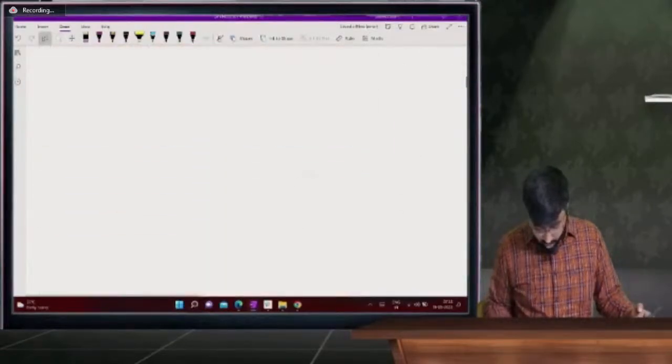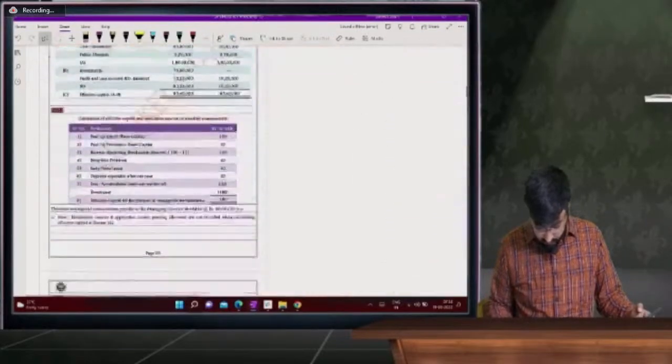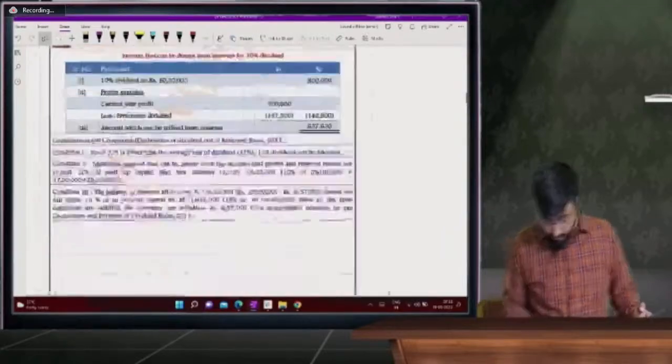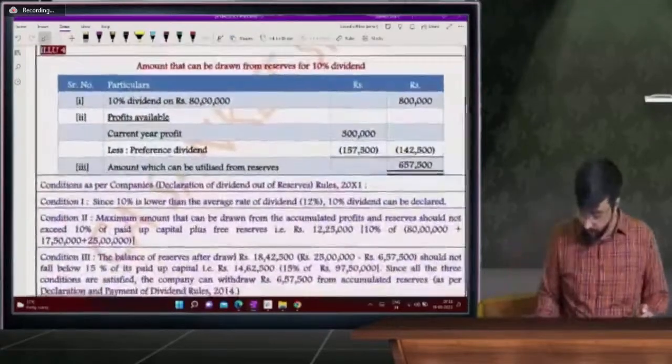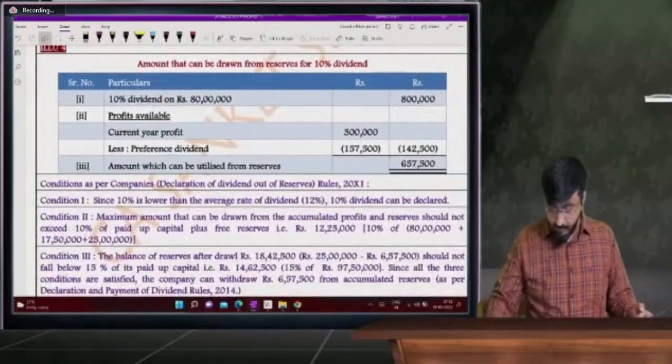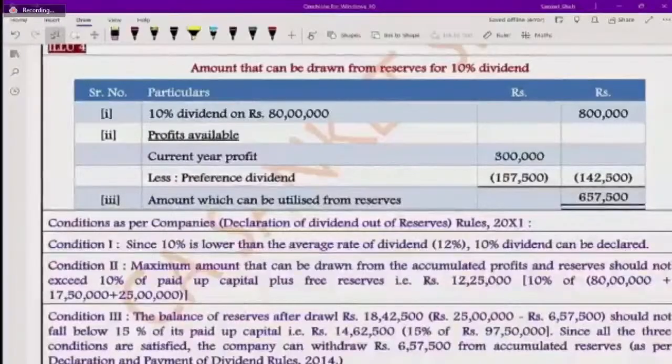Just take a screenshot of this, and you can copy paste it afterwards. Remaining students, is it easy? If you have any query related to this, you can ask me.